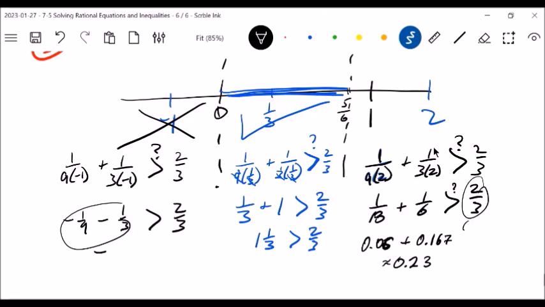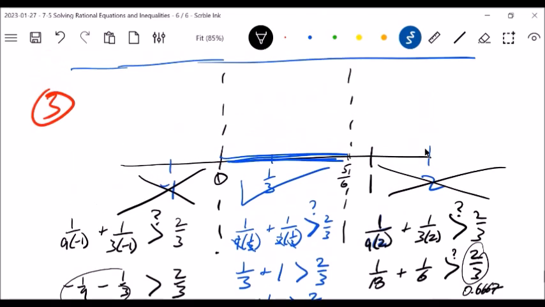Well, 2/3 is about 0.66666, at some point you put a 7. And very definitely, when we say greater than, oh, this can't be, that is not true. 0.23 is not larger than 0.66, or 2/3. So that means that this region, this part's not good.